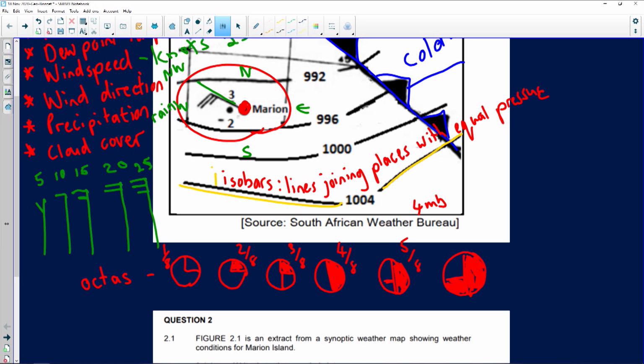Okay, that's 5 octaves. Sorry, that's 6 octaves. And lastly, 7 octaves.